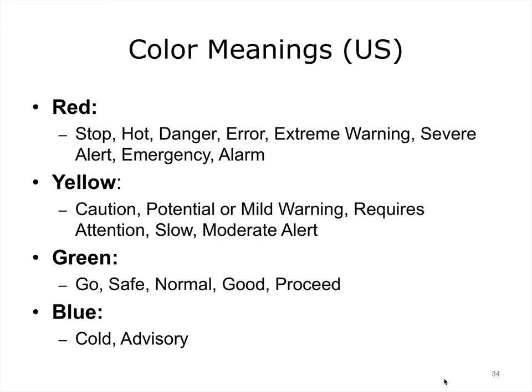Yellow is used to call attention to information as it is one of the most eye-catching colors. It can also mean intermediate levels of danger or concern, between red and green. Green generally indicates safety, permission to go ahead, normal, a good range, and so on.